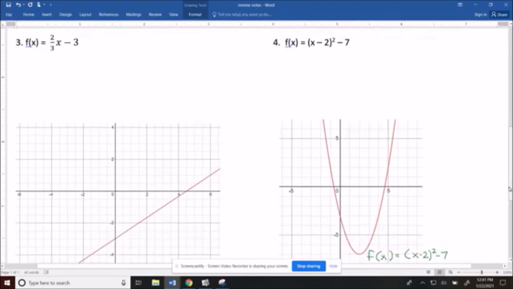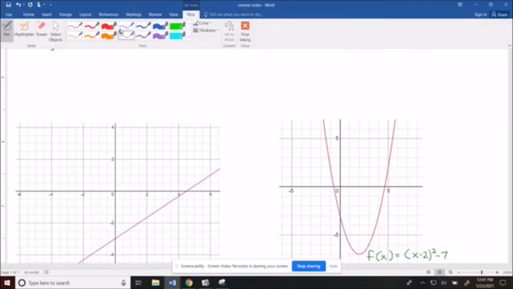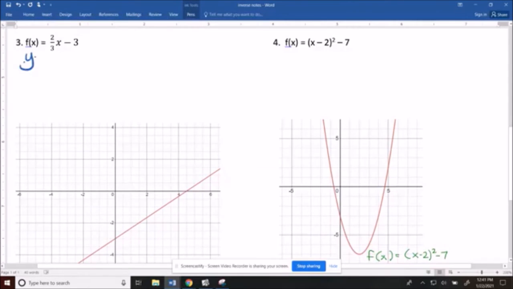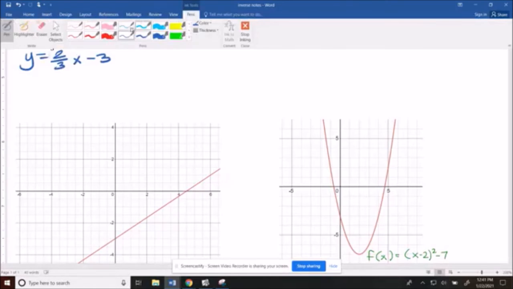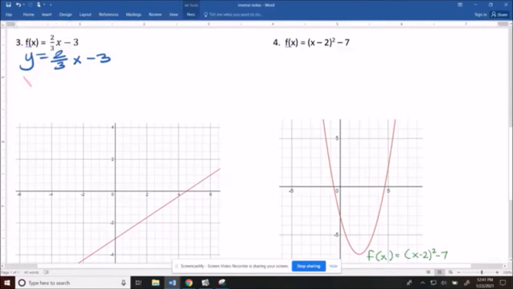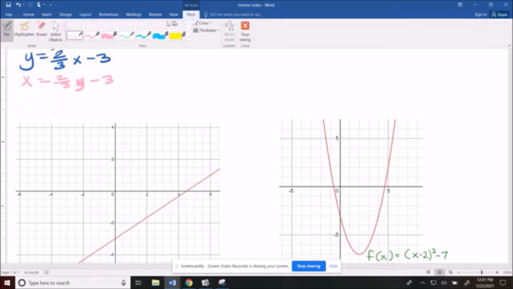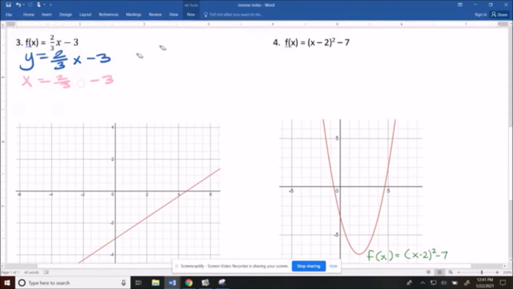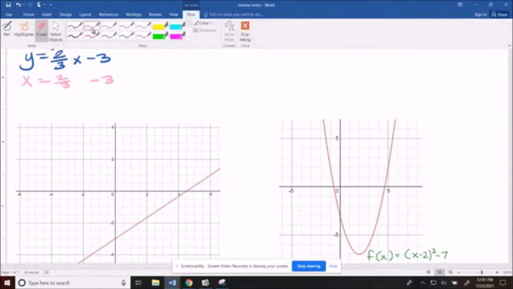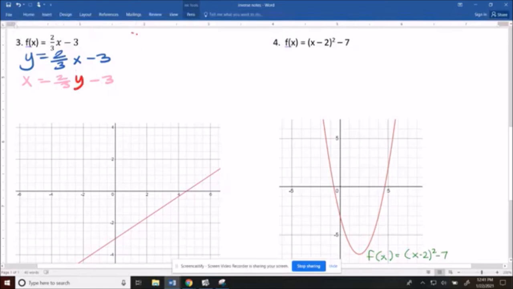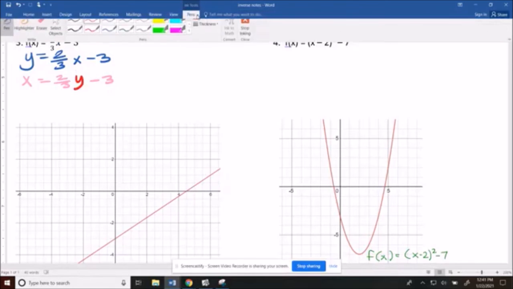Okay, we're not going to do number 4 right now, but I'm going to look at number 3. So again, step 1 is I'm going to switch the x with the y. All right, there's my y. Now I need to start solving for y.